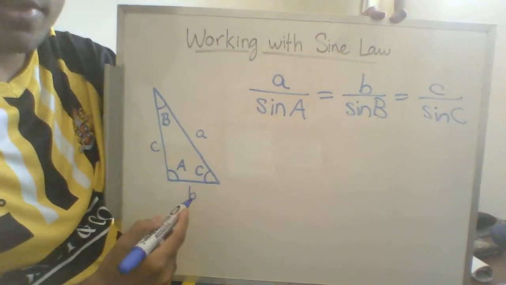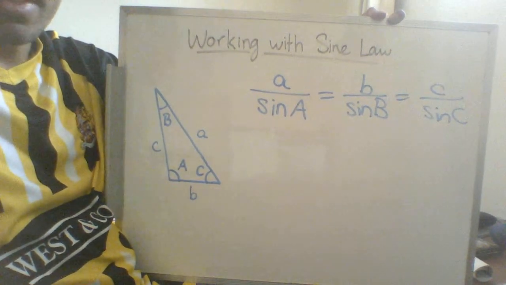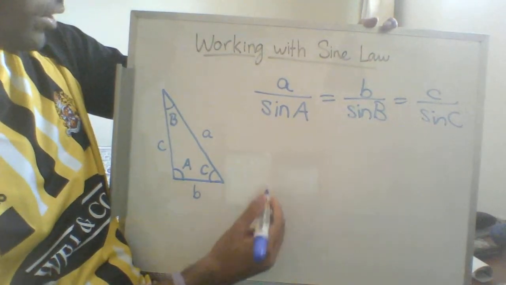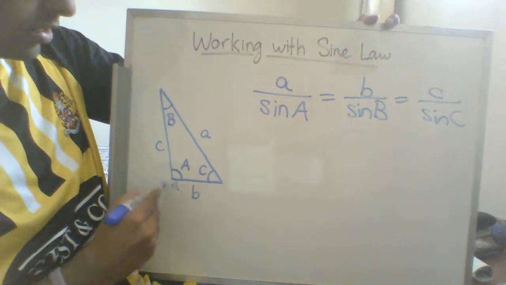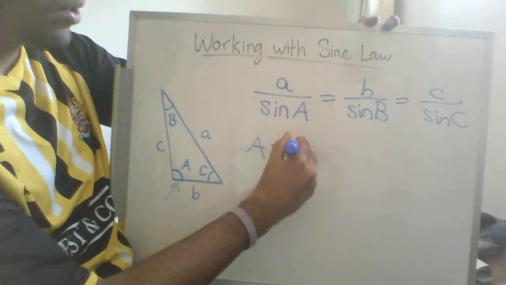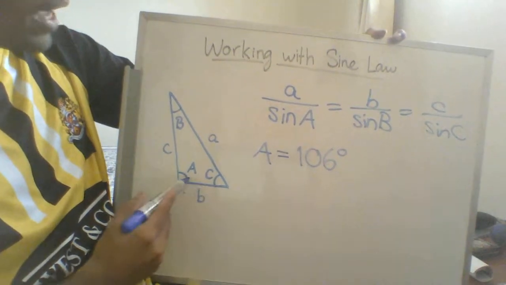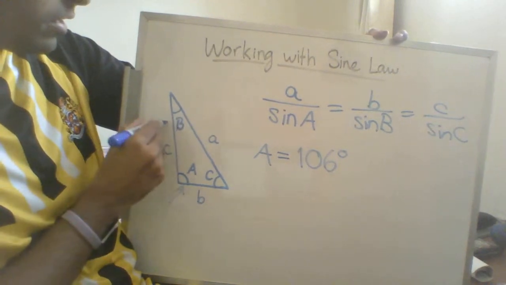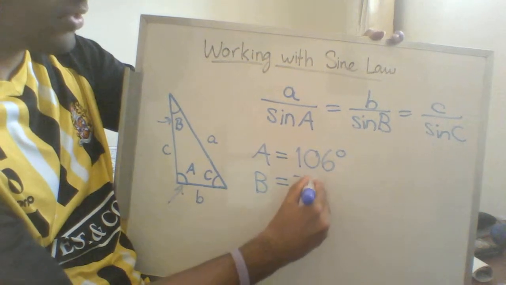So we've got a triangle like this, and in this question we've been provided with a little bit of information. You can write this down. We've been told that angle A, right here on the inside, measures 106 degrees, and angle B, right up here, is 31 degrees.